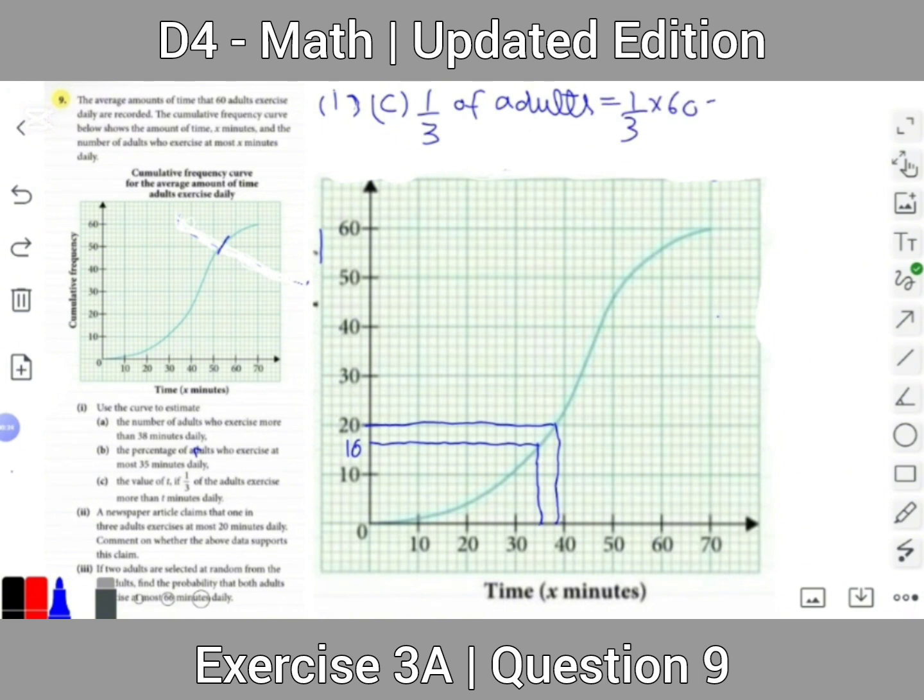So here we have 3 2s are 6. It's equal to 20. So 20 adults exercise more than t minutes.